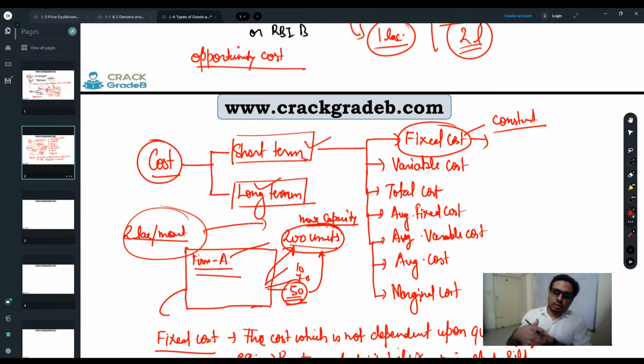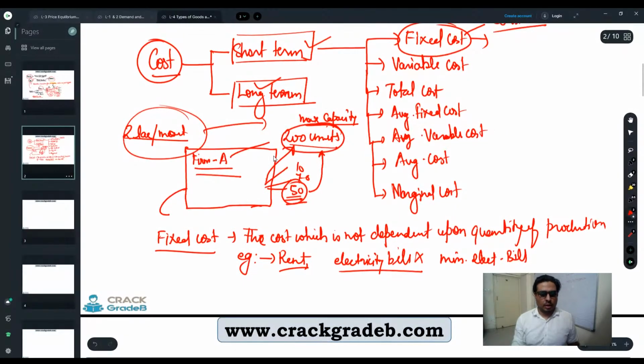Maybe you have to increase the premises. If your production is at present 200 units, but you have to increase production, another unit is required. So in the longer run, even your fixed cost is not going to remain constant, it is going to change. Fine. I hope this is clear.